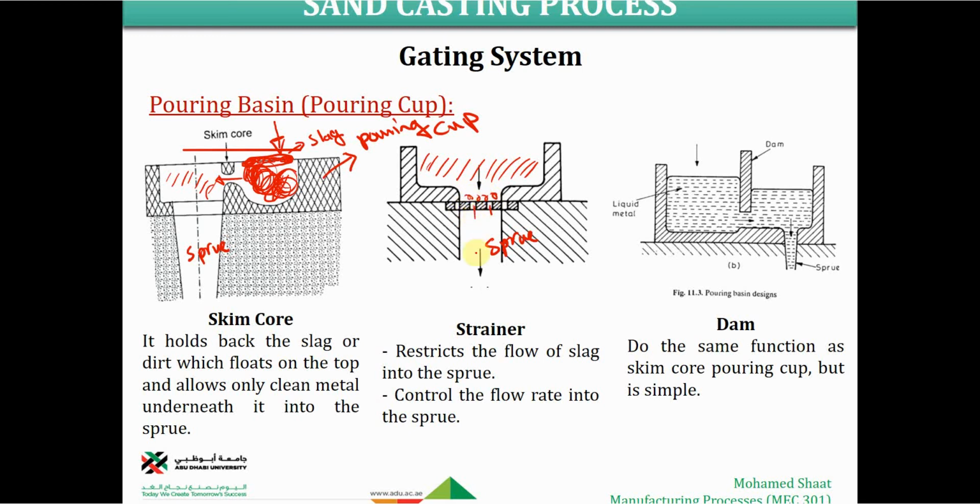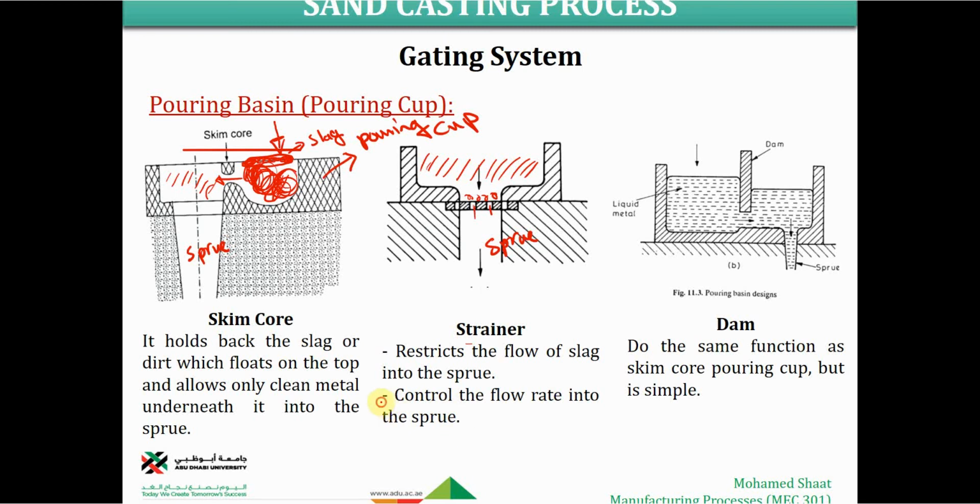Then after a while we can remove this strainer to clean it, put it back again, pour more, and so on. This is how it works, but it is not practical in all cases. But it is one of the methods of avoiding slag or dirt entering the mold cavity using the pouring cup. Make sense? So strainers restrict the flow of slag into the sprue, and they control the flow rate into the down sprue as well.